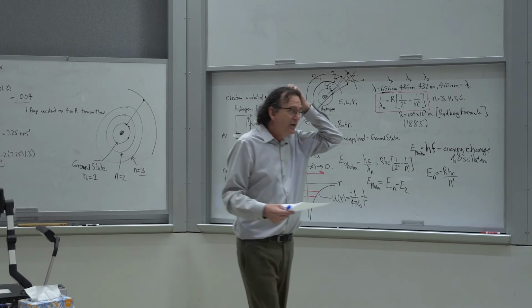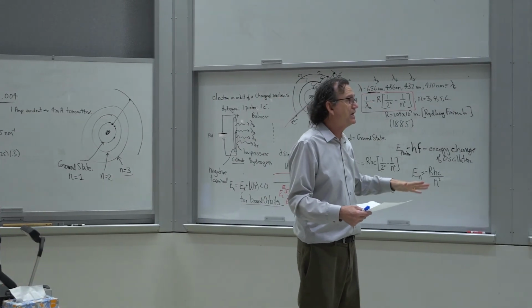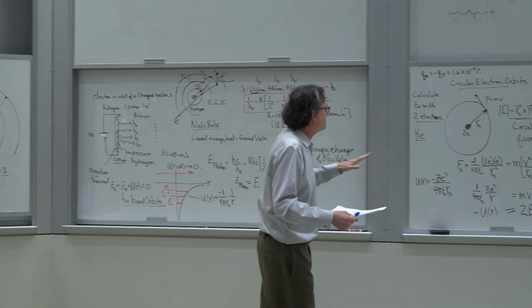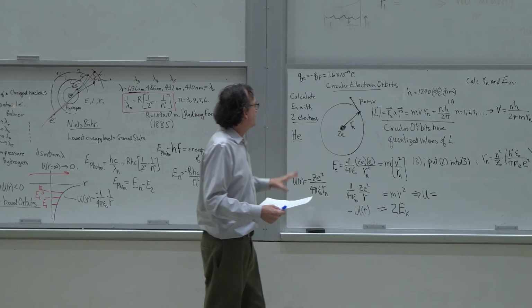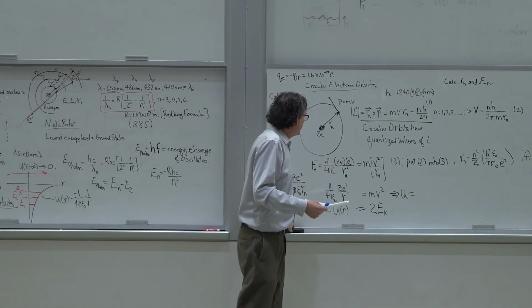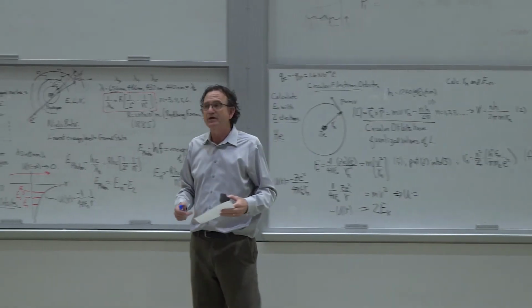So it was clearly a step in the right direction. People began to realize that orbits did have to be quantized, but the failure of the model was quite apparent.